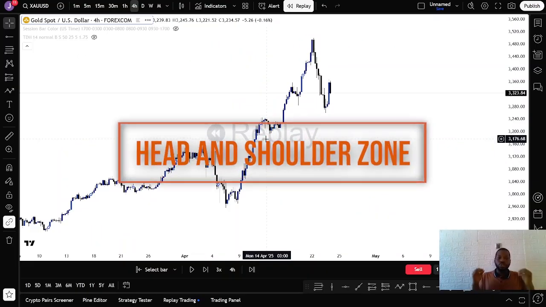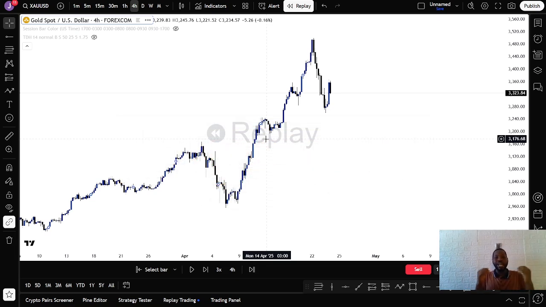So the third zone where you can place your support or your resistance level is the head and shoulder pattern zone. But what you focus on is the shoulder zone.